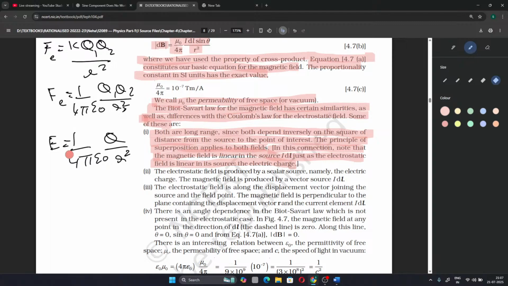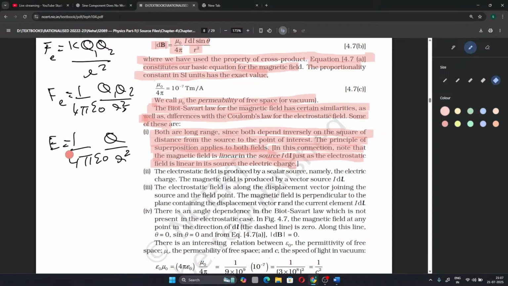Basically, if you want to find the net magnetic or net electric field at a single point due to numerous magnetic or electric fields, we take the vector sum of the individual magnetic and electric fields to find the net magnetic and electric fields respectively. That is the principle of superposition.